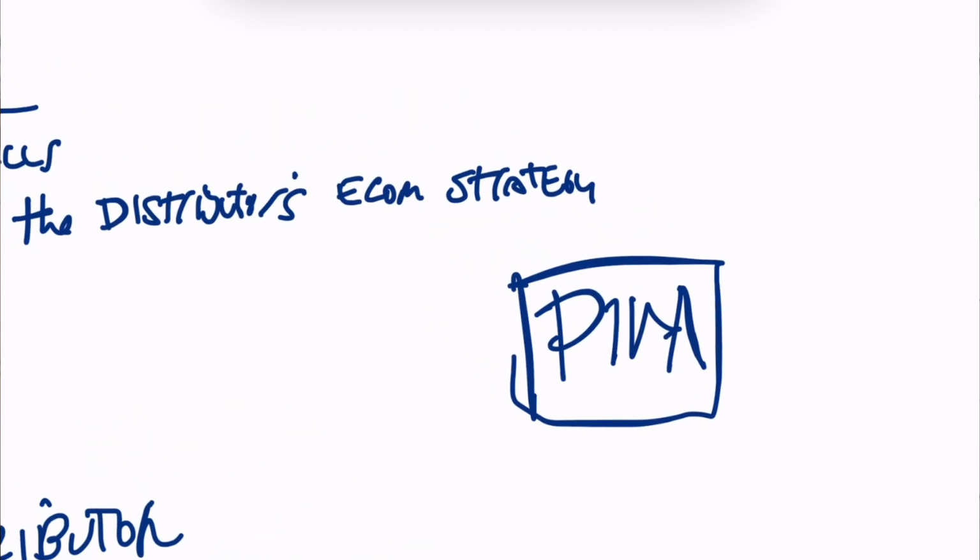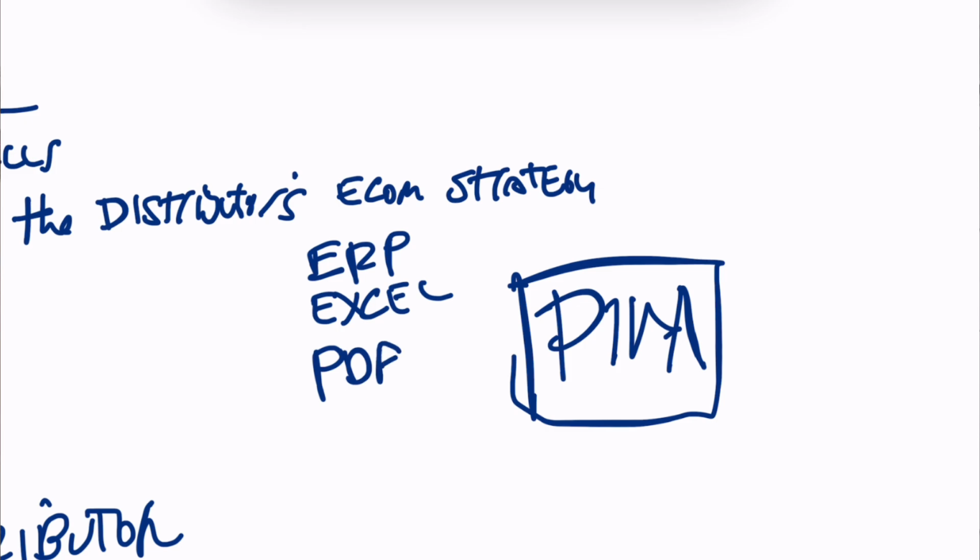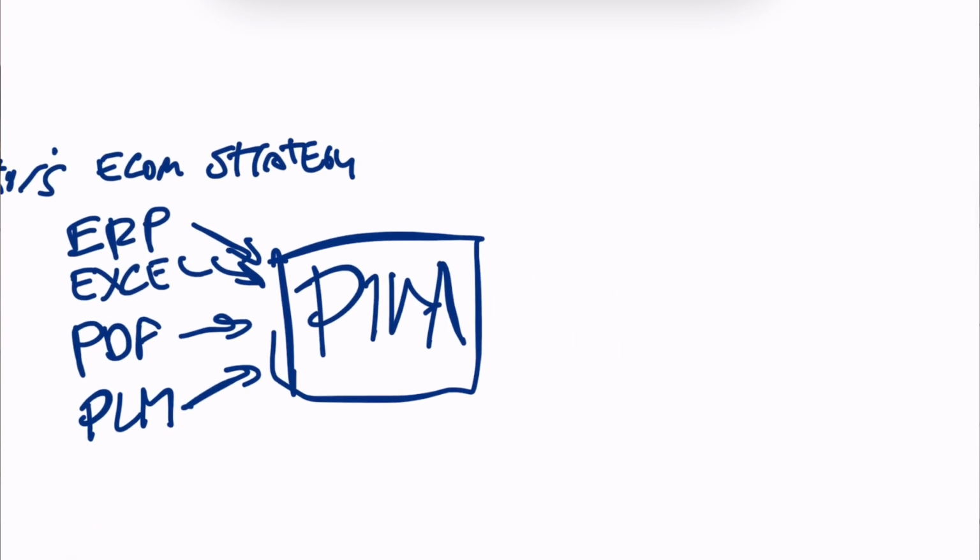And typically they also have ERP, Excel, PDF, but because they're the originator of this product, they're the ones that create it, often you also have a couple other things like a product lifecycle management system, a PLM system that might be feeding data in. So their data is internally generated, right? Which makes sense.